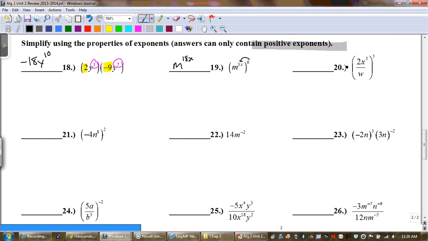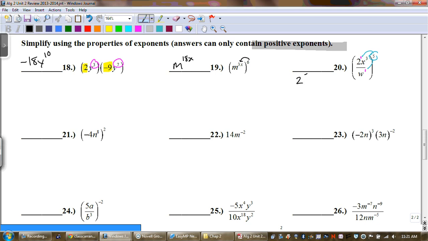Okay, looking at number 20, we always check to see if we can reduce what's inside the fraction, and in this case we can't. So everything, if it doesn't have an exponent, it's an exponent of 1, and we need to distribute that 5 to everything.